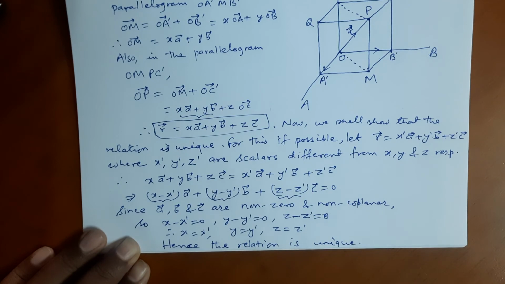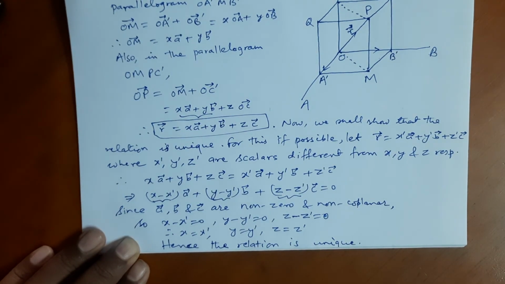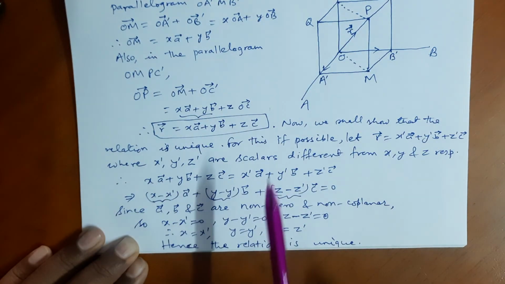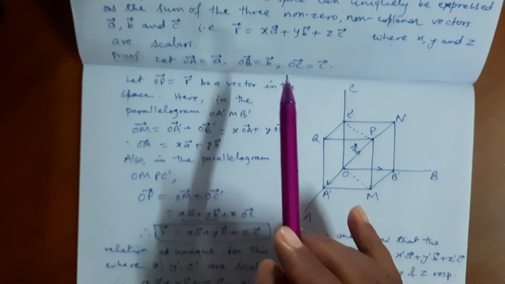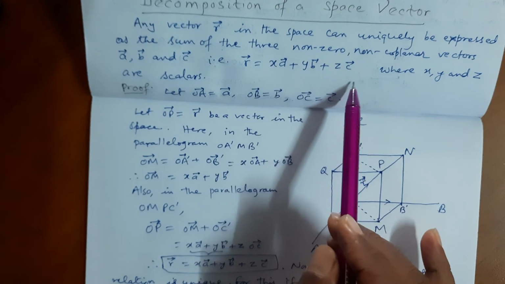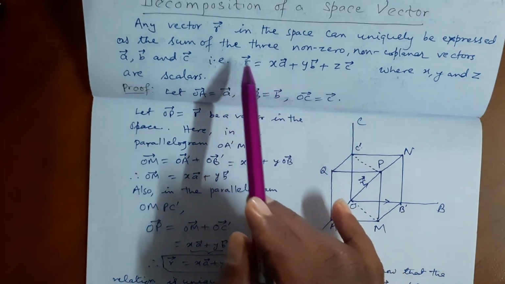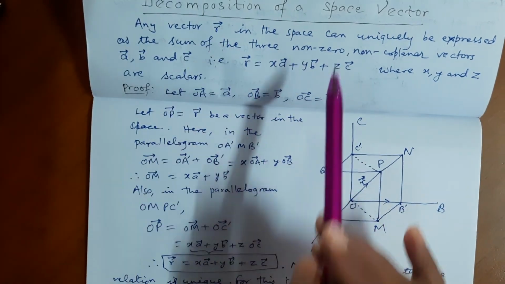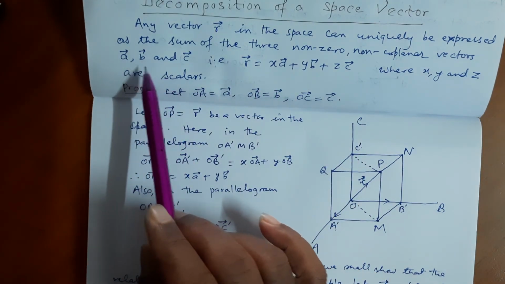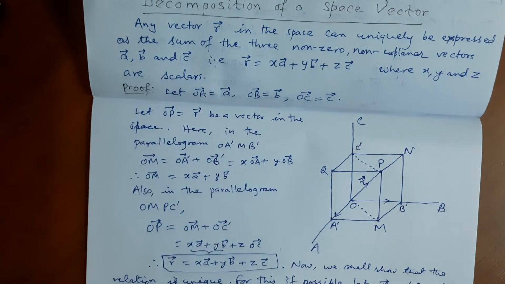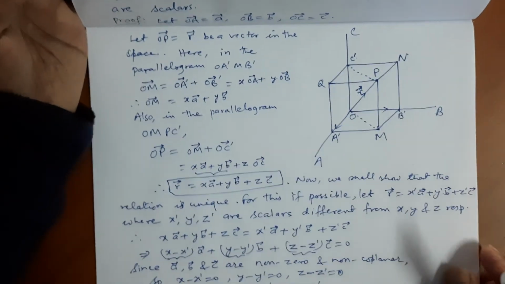So the relation is unique, only one, fixed. No other type of relation. So we can express a unique relation R equals xA plus yB plus zC vector. In this way we have a unique relation for every vector R in the space in terms of the other three non-zero and non-coplanar vectors, vector A, vector B, and vector C.